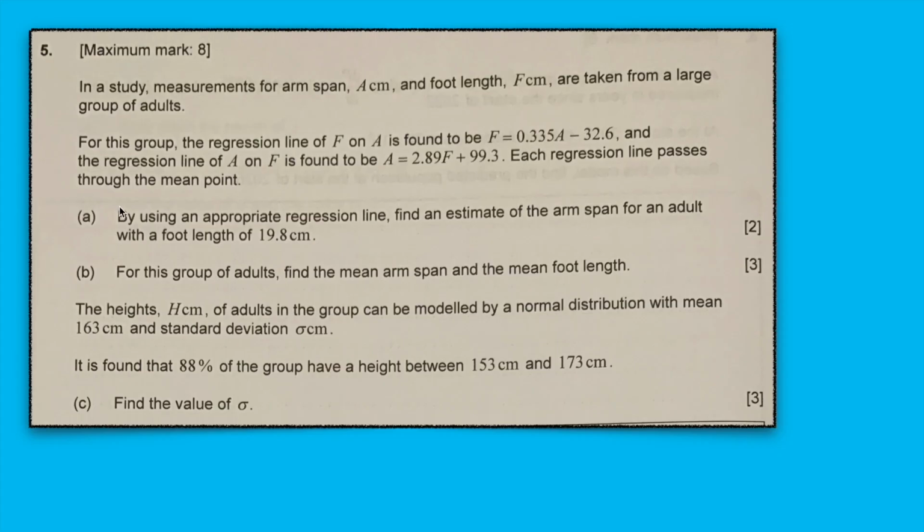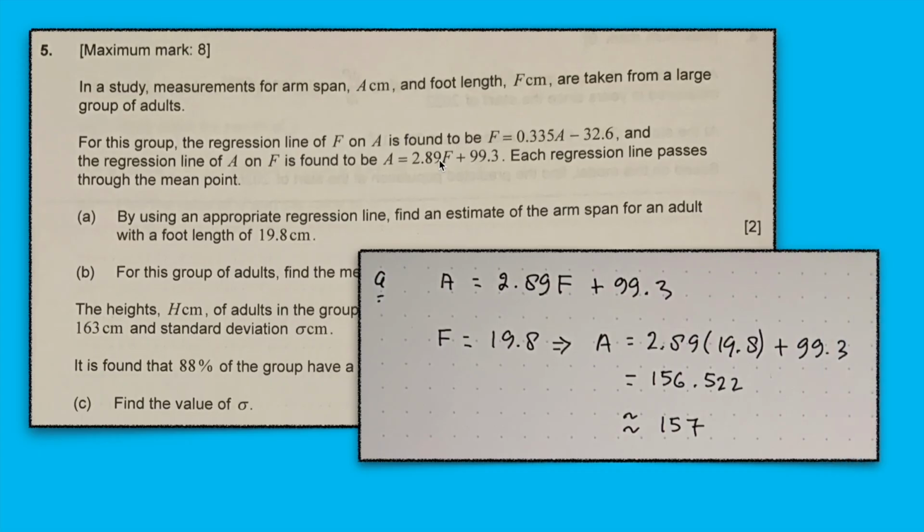Question A. By using an appropriate regression line, find an estimate of the arm span for an adult with a foot length of 19.8 centimeters. So we are asked to find A given F. Therefore, the appropriate regression line is this one here.